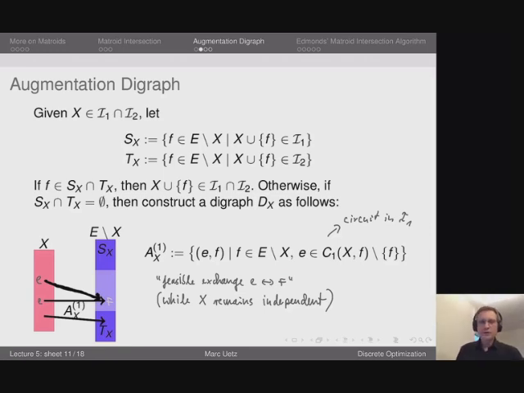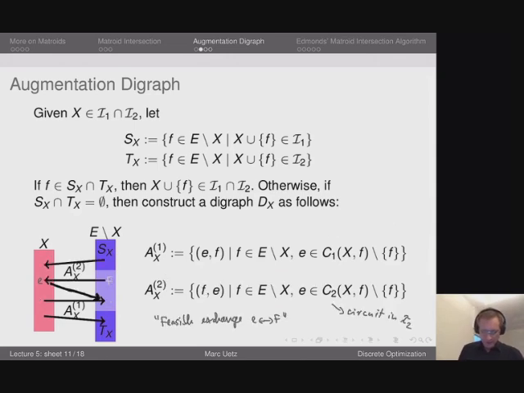And now I just do exactly the same thing with respect to the second matroid. Okay, only difference is going to be that I now direct all these edges from right to left. Okay, so first of all, I explained these directed edges from left to right, and now I introduce the same sort of edges, only all directed in the other direction with respect to the second matroid.